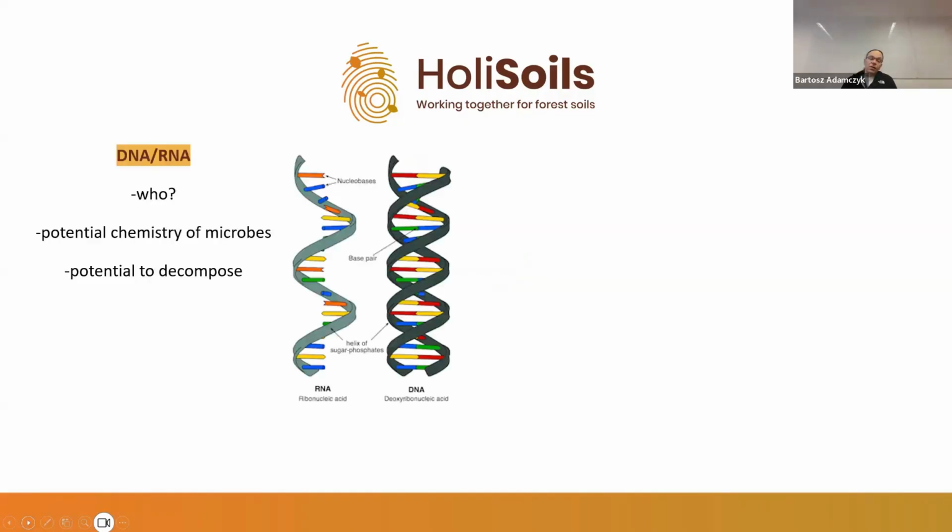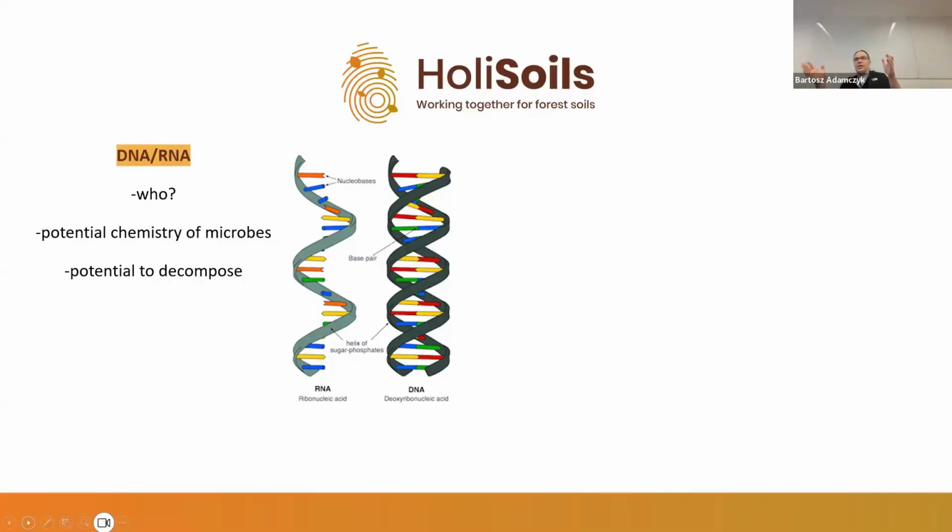Right now I will first tell you something more about advantages and disadvantages of DNA and RNA methods, and the same for biochemistry. For DNA and RNA, using these kinds of methods, we can get information about who is there. So for example, microbial community structure.